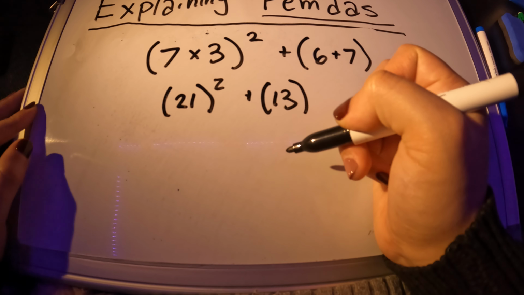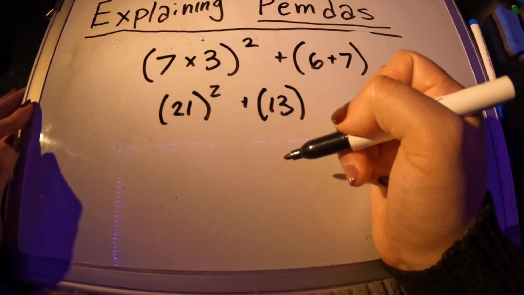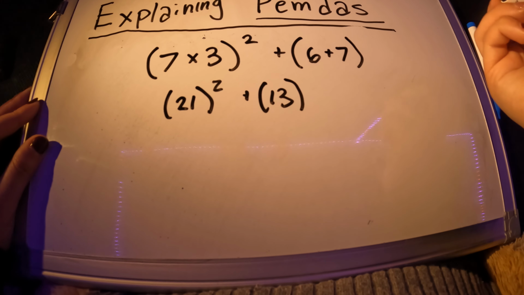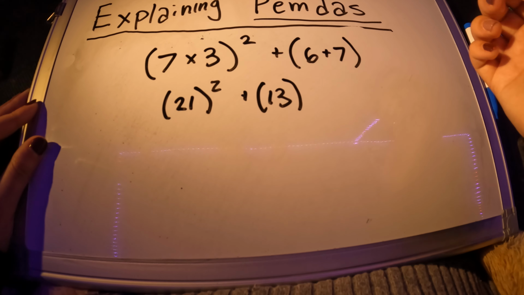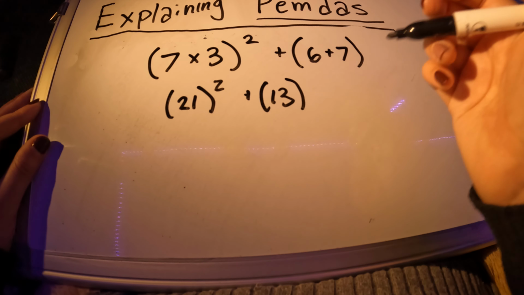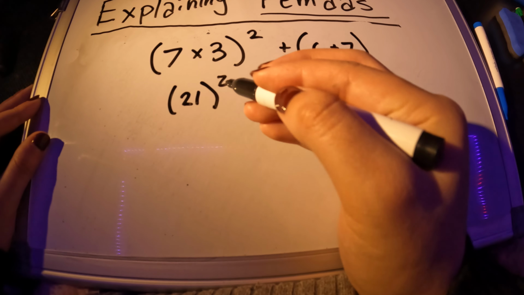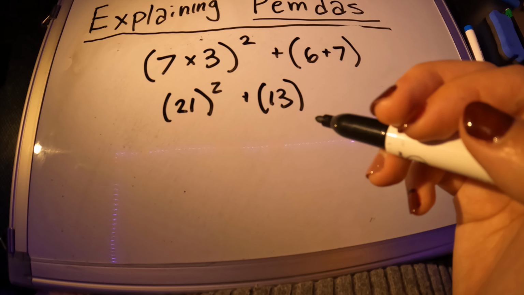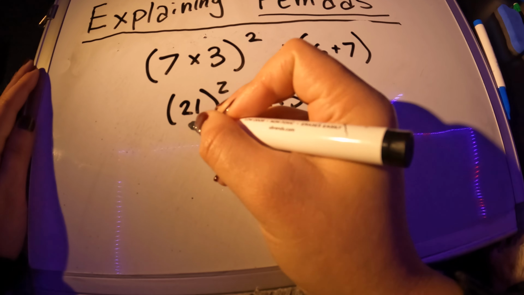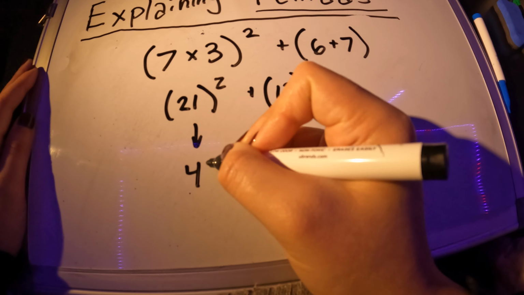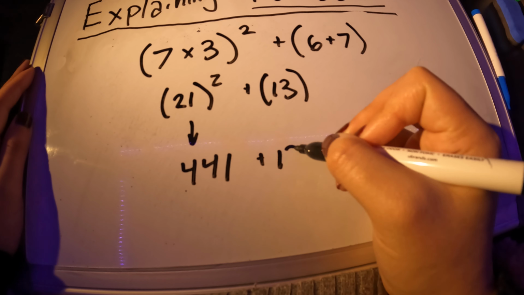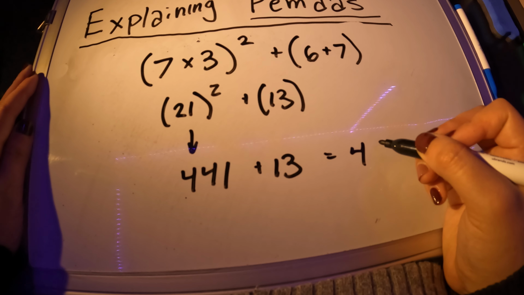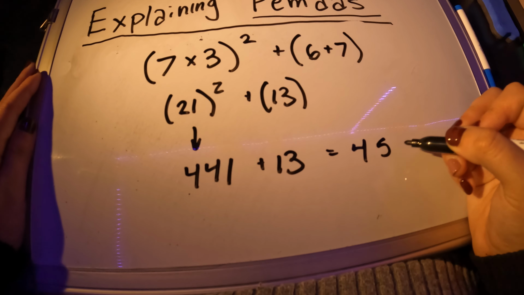At this point, you can drop the parentheses, but if you have more complicated equations, it's better to keep the parentheses, just so you keep your signs in order. So 21 squared is 21 times 21, which is 441. Plus 13, and that's 454.